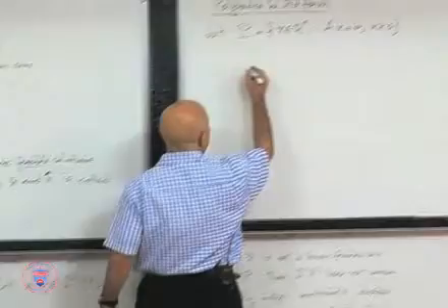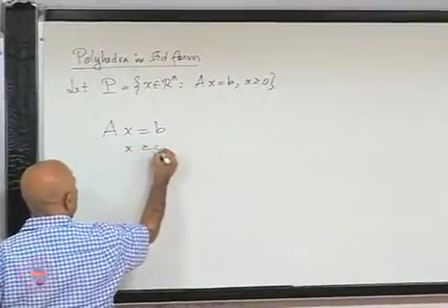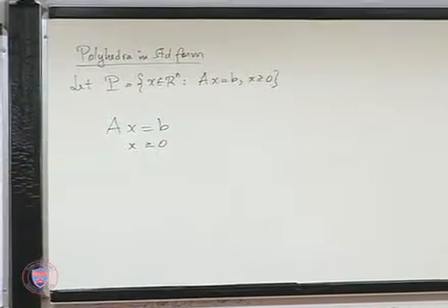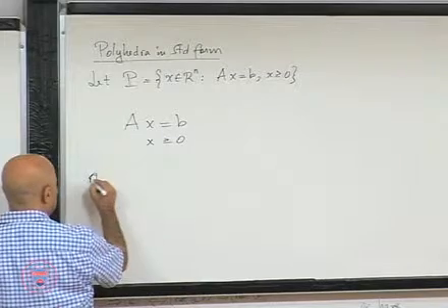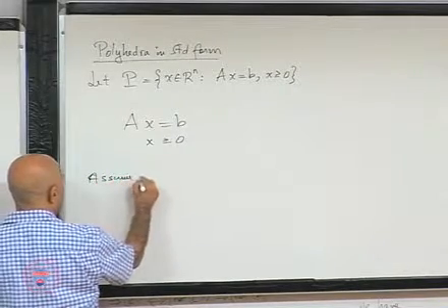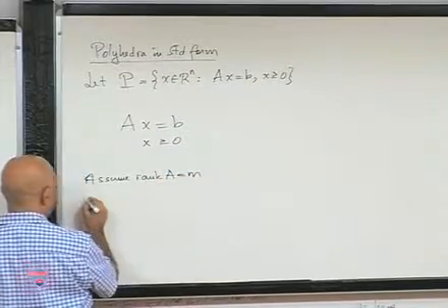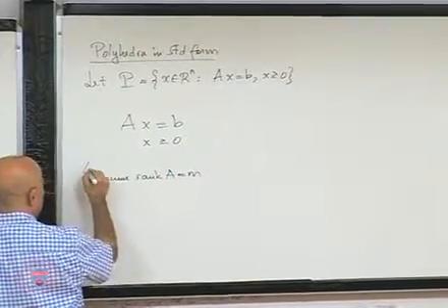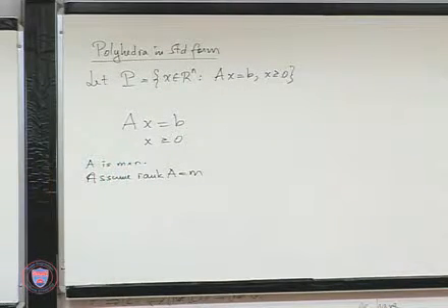You've got Ax equals b, x greater than or equal to 0. This is the system we're talking about. Let's assume without loss of generality that the rank of A is m, and of course we're assuming A is m by n. It's got m rows, n columns, and the rank is m. It's the row rank.